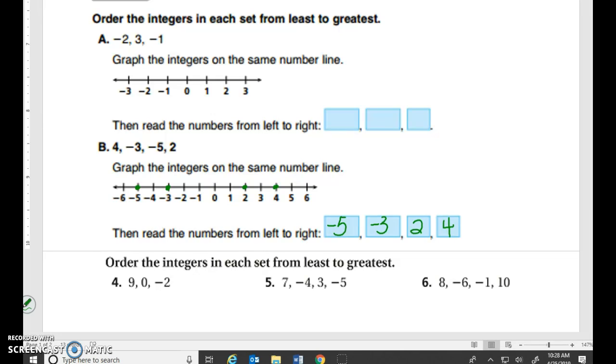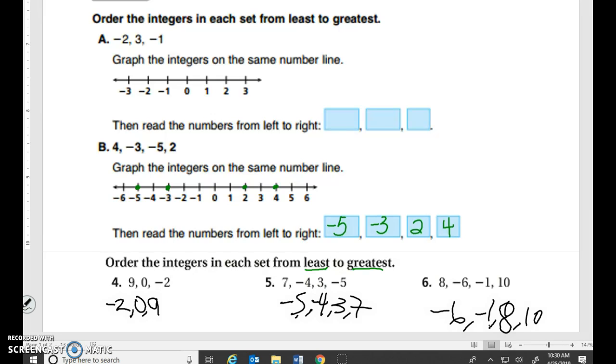Now I want you to do 4 through 6. If you need to draw a number line, draw a number line. If you want to use the number lines that are already up above, use them up above. But I want these in order from least, underline that, least to greatest. Do that now. Okay, so let's check these. We have these in order, least to greatest. -2, then 0, then 9.